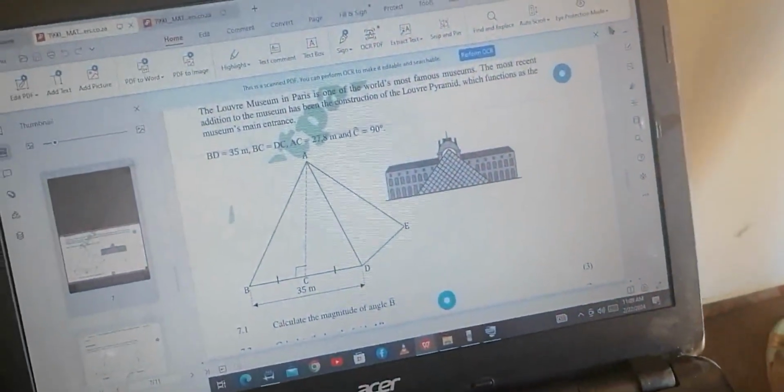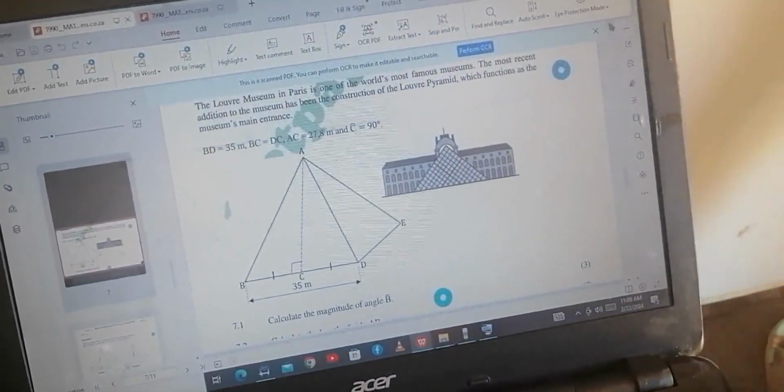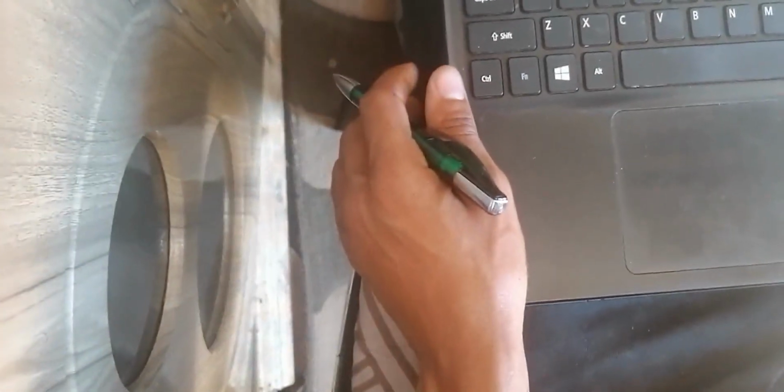So this is what we have. Something of this nature is provided for us to work on. Right, so I'm going to try and interpret what is given to us here. They say it's called the Louvre Museum in Paris, one of the world's most famous museums.